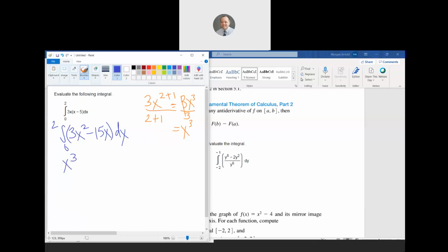Now the negative 15x, it's understood to be negative 15x to the first power. And again, by undoing the power rule, you add 1 to the original exponent, and you divide your antiderivative by the new exponent.